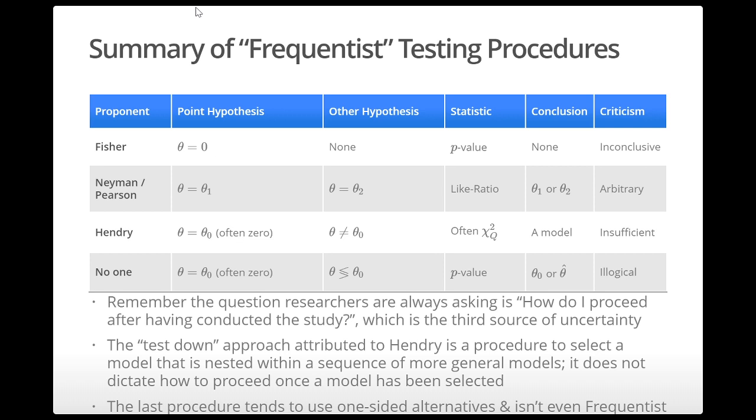And so the Neyman-Pearson approach was intended to address that and intended to leave the researcher in a situation that there's exactly one parameter that you should use as your estimate going forward. And that was formulated with a point hypothesis, often that theta is 0, but it doesn't have to be, in contrast with the second hypothesis, which was also a point hypothesis.